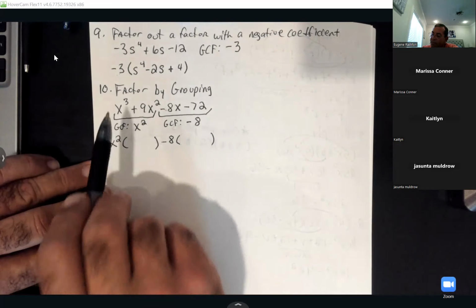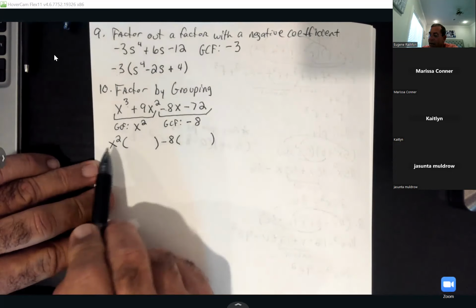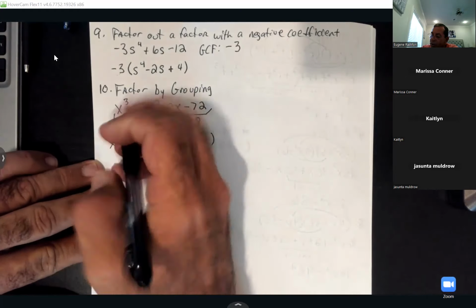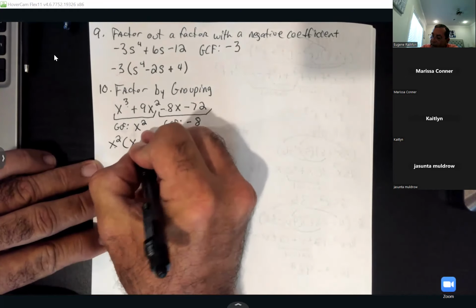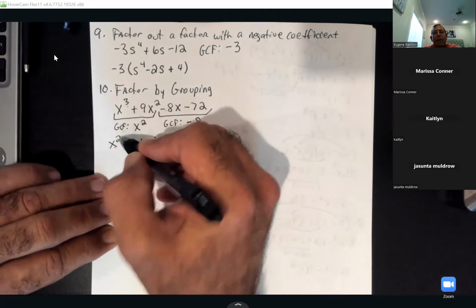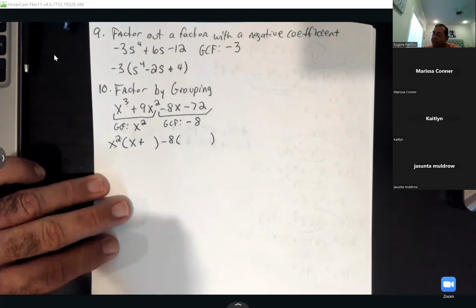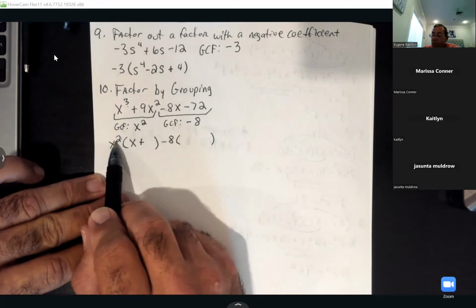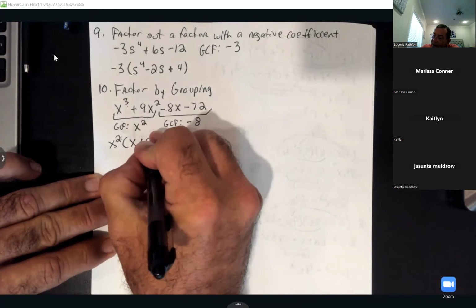So y'all, here we go. If we got an x to the 3rd, divide out an x squared, 3 minus 2 leaves you 1x. So when you're dividing, you're basically subtracting exponents. When you multiply, you added them. And watch this, 9x squared, divide that x squared out, you're left with a 9.